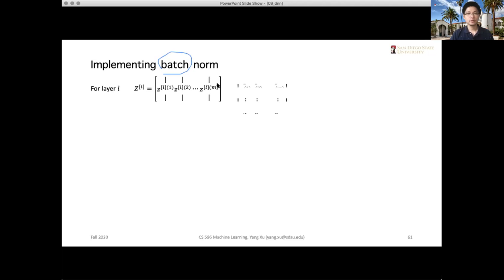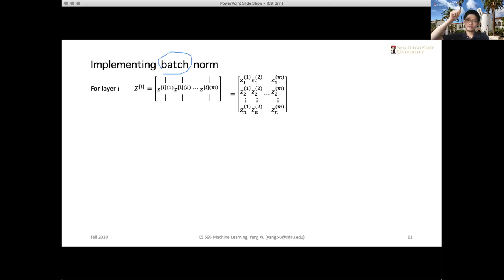So for layer L, if we have m examples in the current mini-batch, we can represent the z's as a capital Z matrix, right?